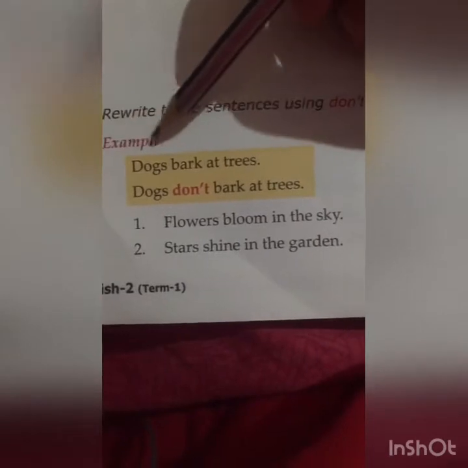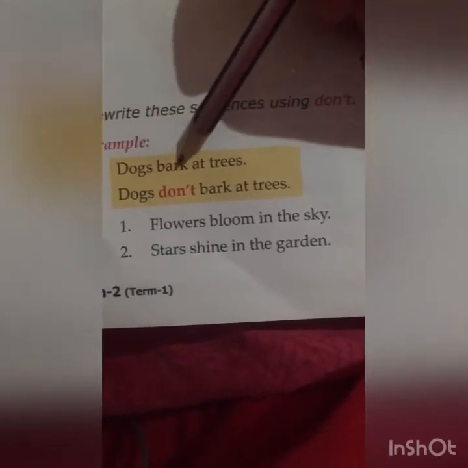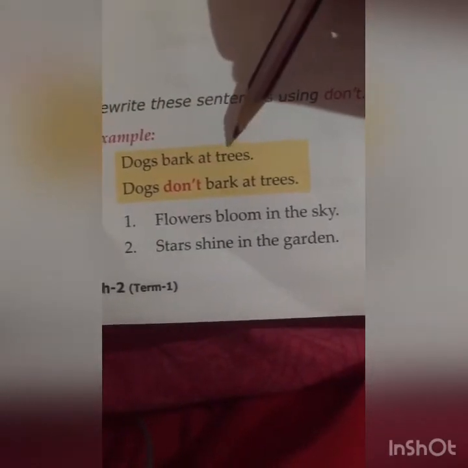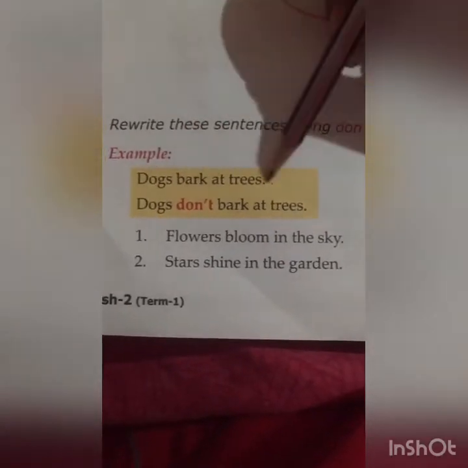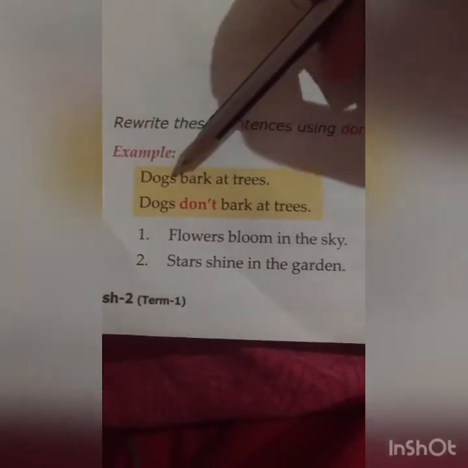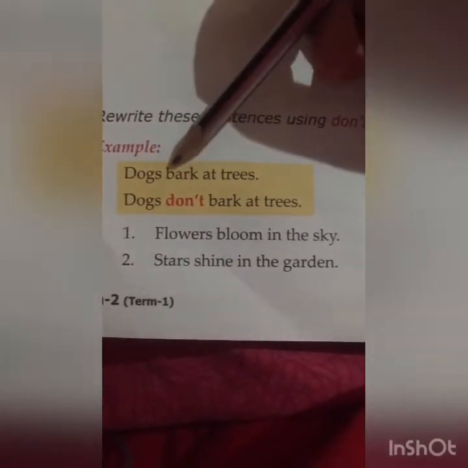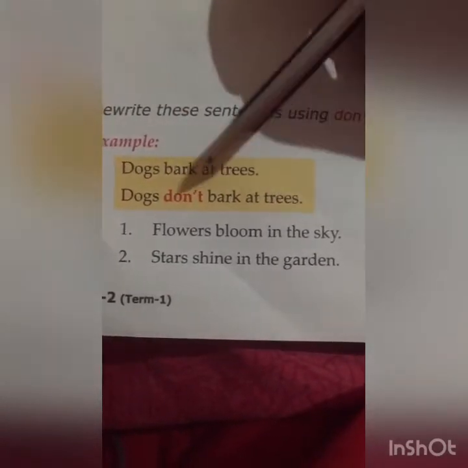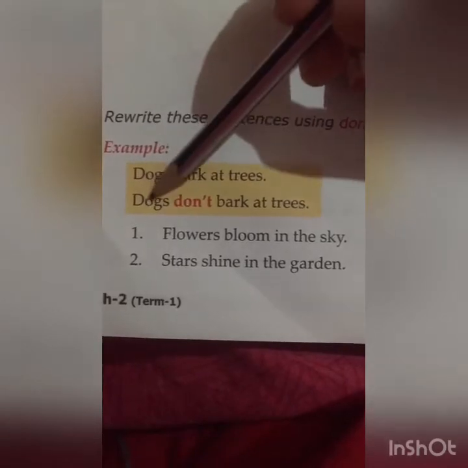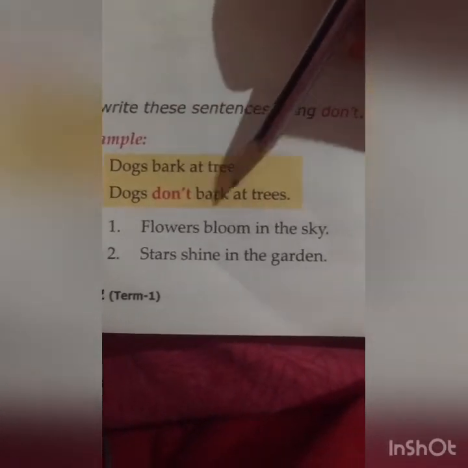I don't know your name. Now there is an example here. Dogs bark at trees. Now you have to rewrite the sentence using don't. It says that dogs do that, but they are not doing that. How to write that? Dogs don't bark at trees.